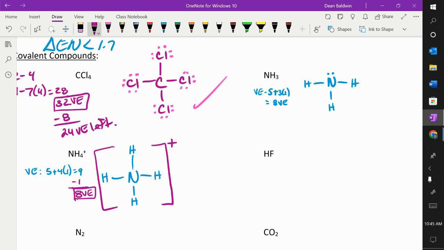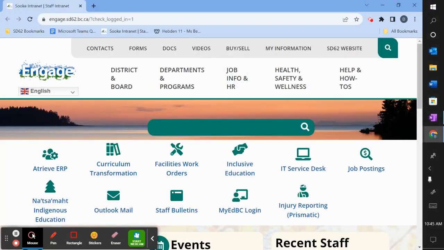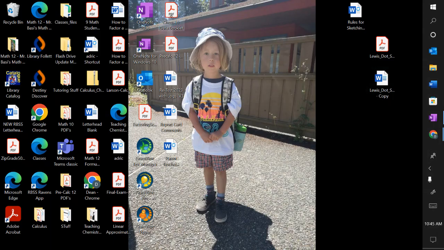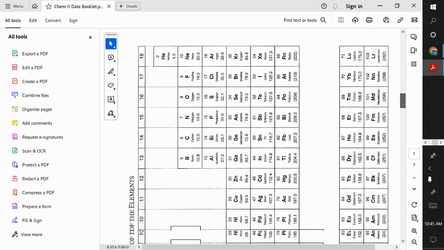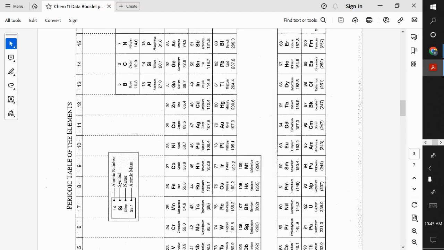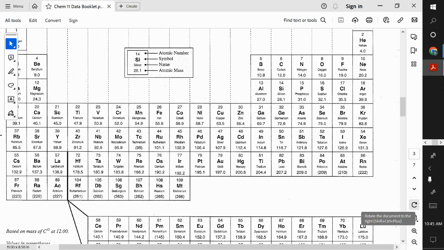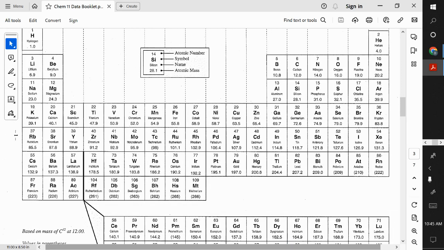All right. HF. So if you look here, you're basically just counting as you go across the periodic table.